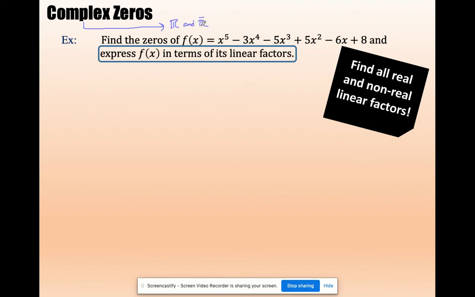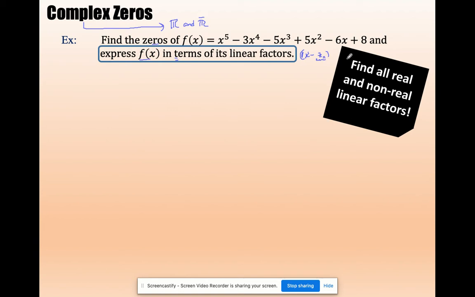My set that I'm working with has been expanded to the set of complex, and they want me to find all of the zeros and then write f of x in terms of, which means equals, its linear factors. And remember, linear factors are always of this form. 1x to the first minus the 0.